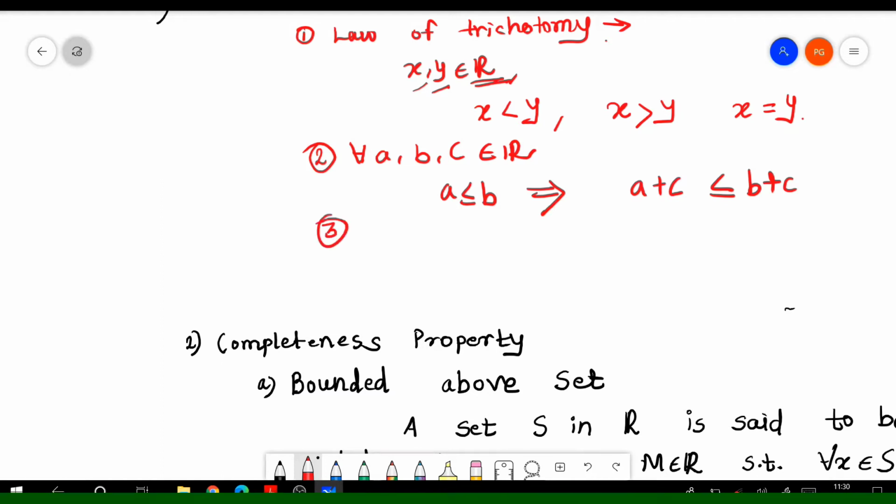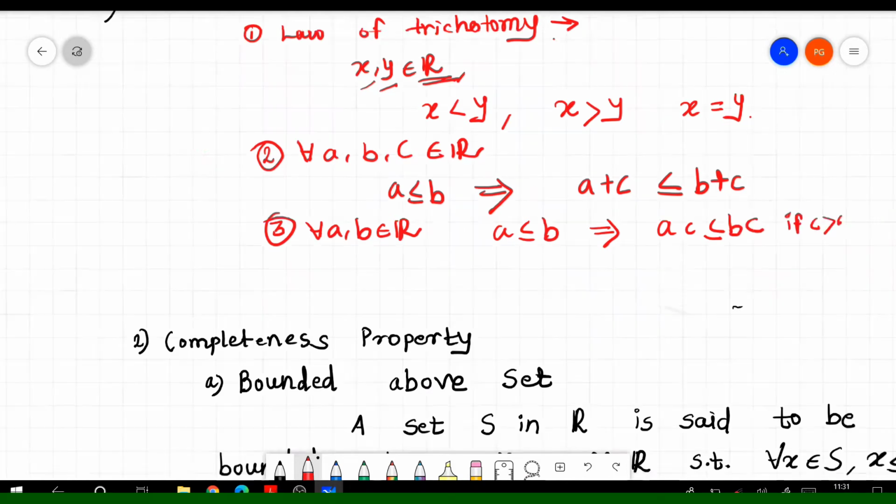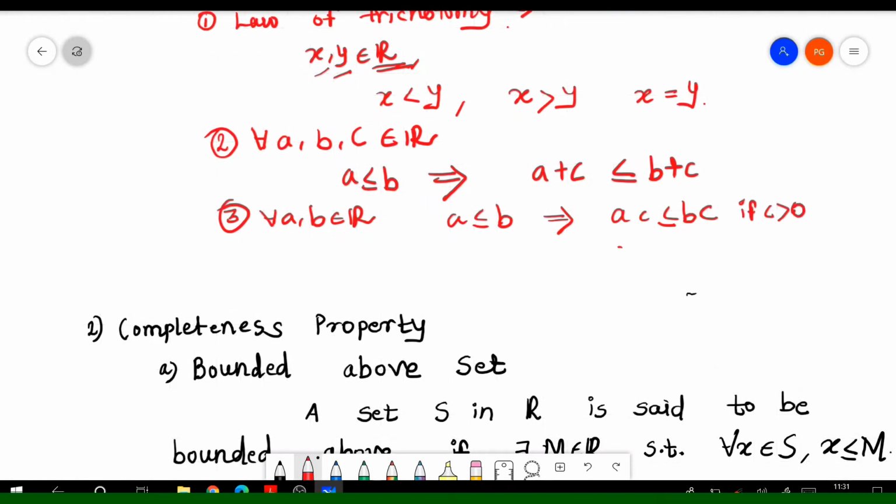So let's see what is third. For every a and b belonging to R, a is less than or equal to b implies ac is less than or equal to bc if c is greater than 0, and ac is greater than or equal to bc if c is less than 0.